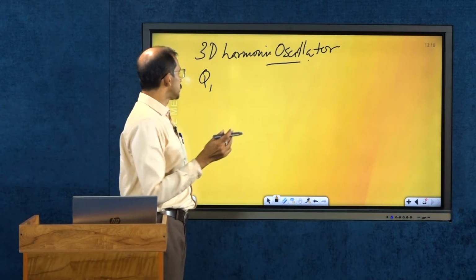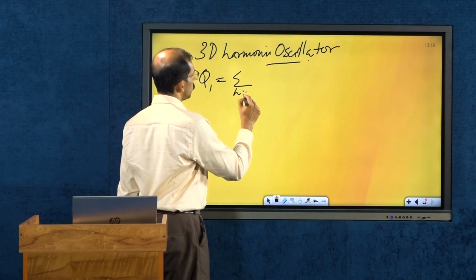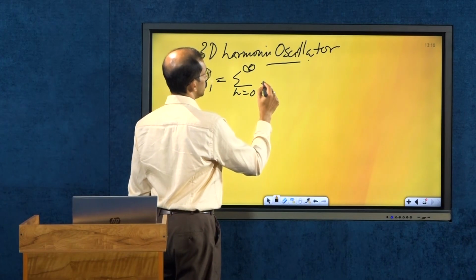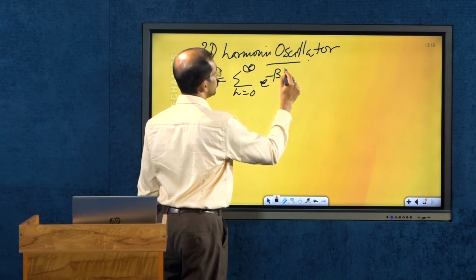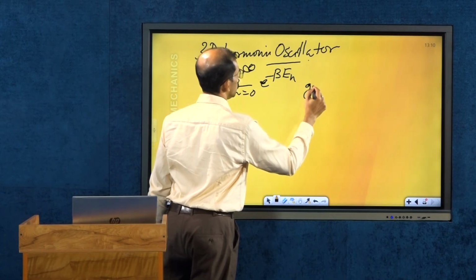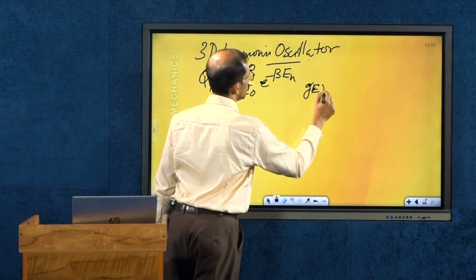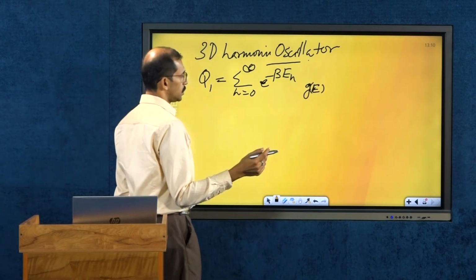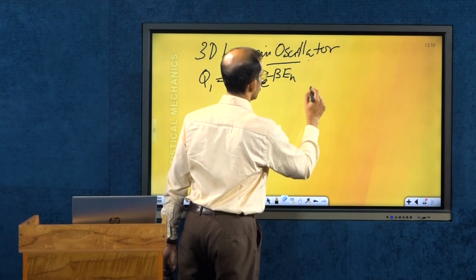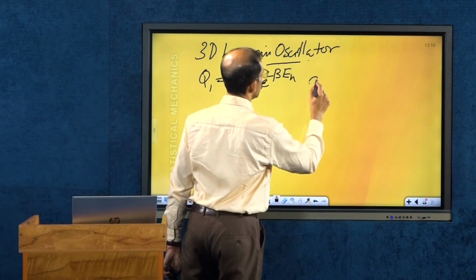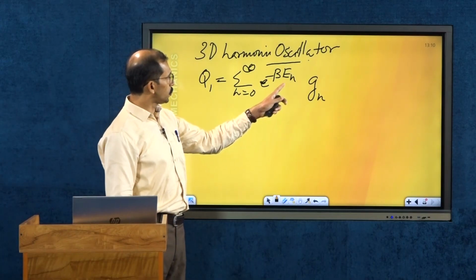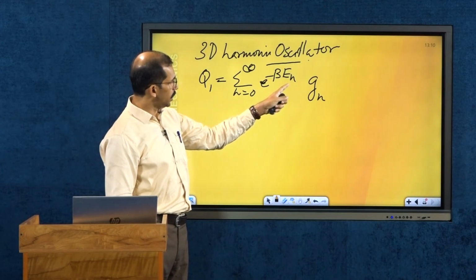And we know the expression Q1 is equal to the sum over n from 0 to infinity of e raised to minus beta En into Gn. Here also we will need to have the value of En and the Gn.